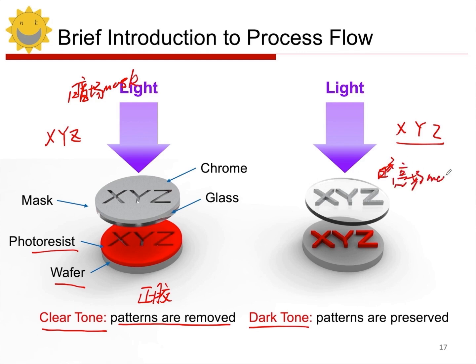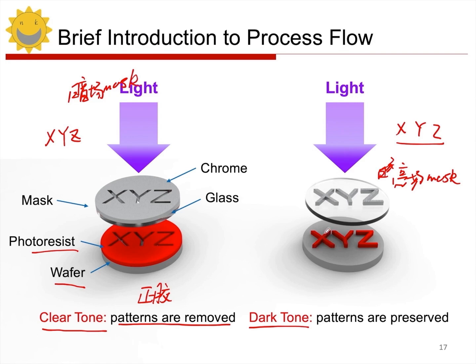A bright field mask means that most of the mask has no metal barriers, right? Only the areas with patterns have metal barriers, so we can see that we define the positions of patterns X, Y, and Z, and only those positions have metal barriers to block the light. The other areas allow light to pass through. So if we use this type of mask for photolithography, we can imagine what will happen to the photoresist below.